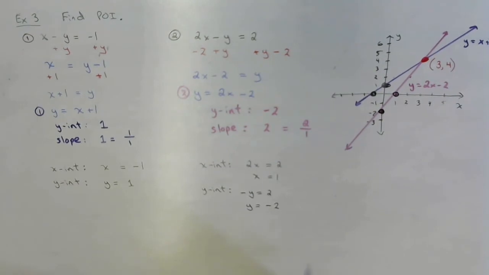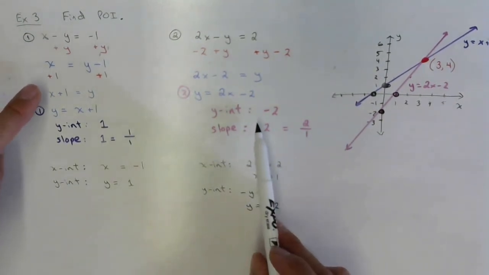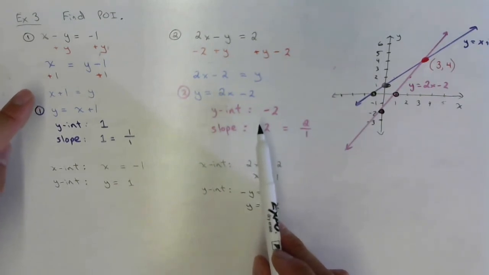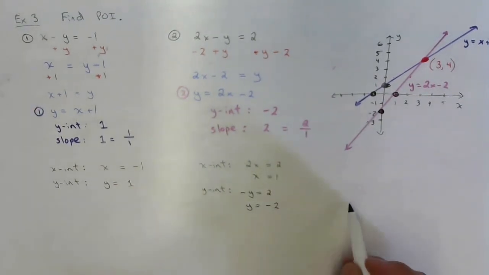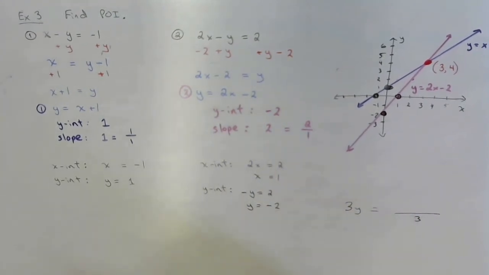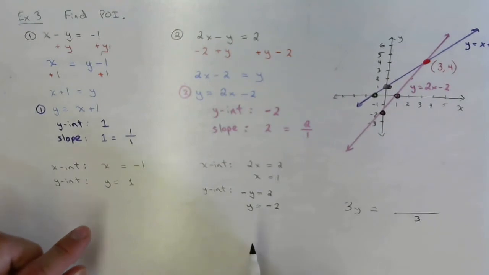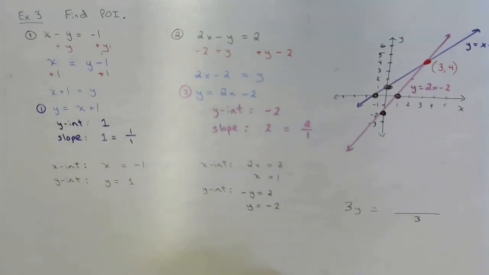Sometimes it'll be faster to go into y equals mx plus b. Sometimes you'll look at the equation and there will be an odd number in front of the y, which means you're going to be dividing the whole rest of the equation by 3. If you don't want to do that, then you just do intercepts. It's maybe one step longer, but you're much less likely to make a mistake.